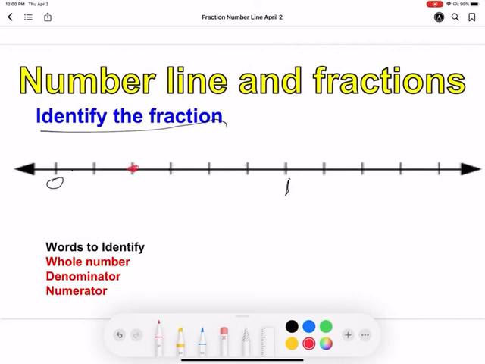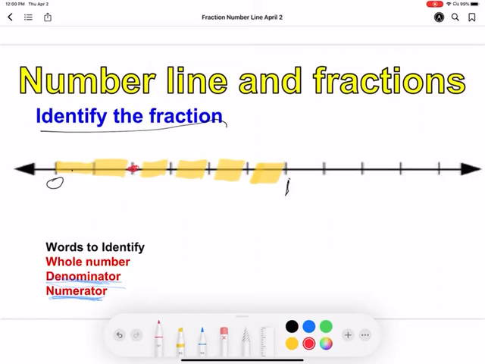What do you think it is? We found the whole. We know where the whole number is. We need to know what's the denominator first. What is that denominator? And what's that numerator? Those are what we need to find out. I always start with my denominator first. Well, in this case, I'm going to go 1, 2, 3, 4, 5.